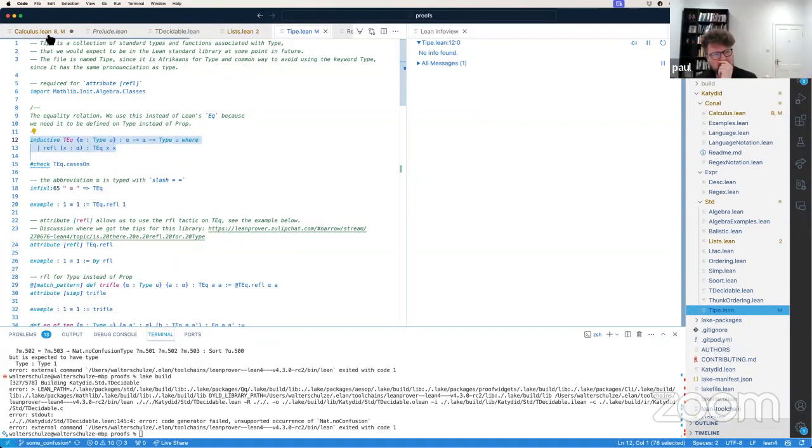No, because when you think about it in terms of prop versus type, the computational content of the REFL here is that it gives you the X, the X that makes the equality.